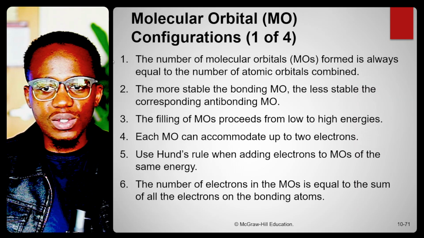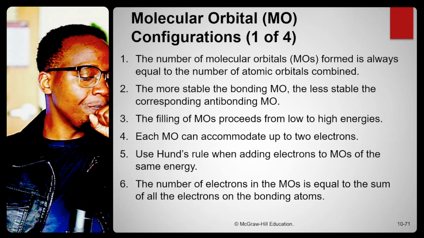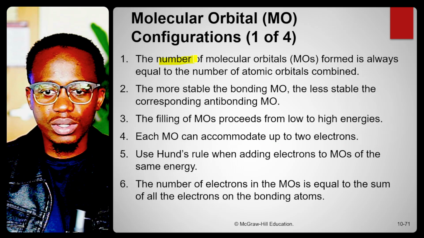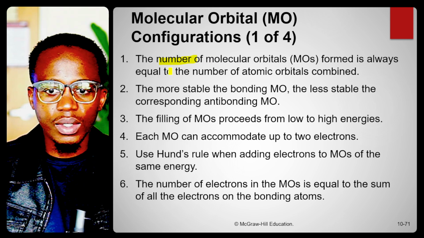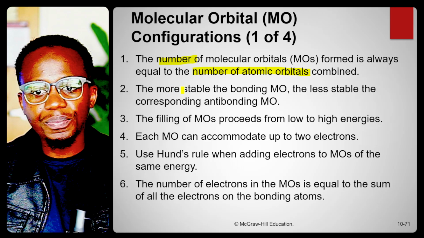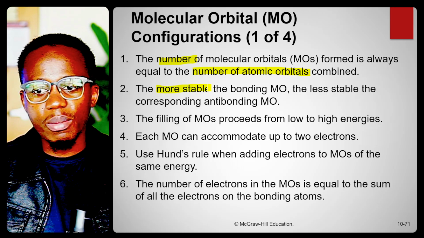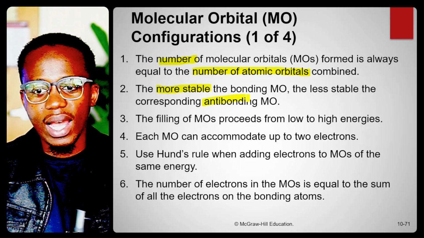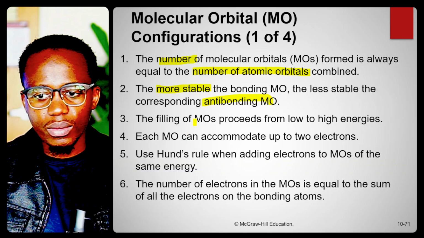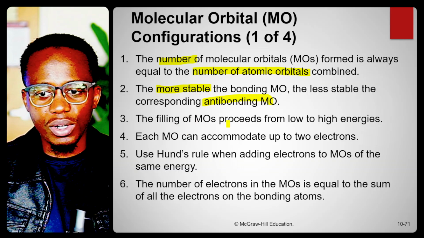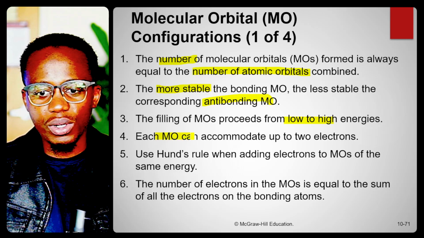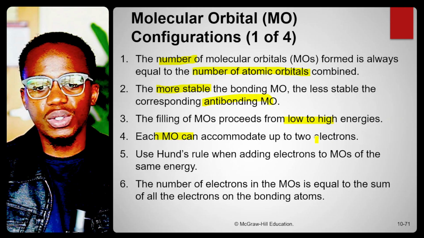A few things to consider. The number of molecular orbitals is equal to the number of atomic orbitals combined. And the more stable the bonding molecular orbital, the less stable the anti-bonding. When you're filling these orbitals, you go from low energy to high energy, and each molecular orbital can accommodate up to 2 electrons.